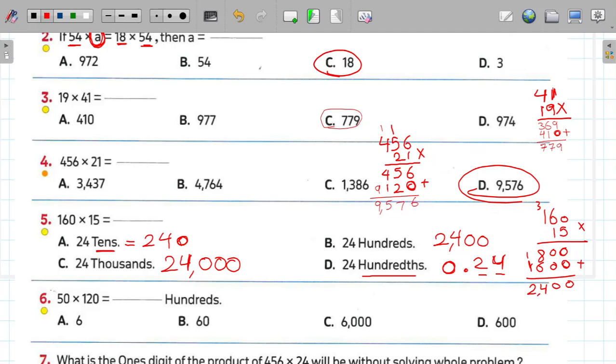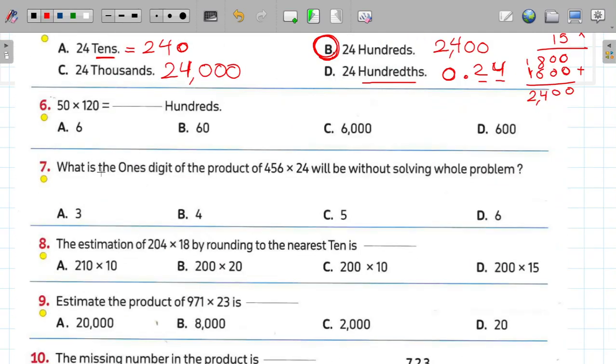So the result will be 2,400. So I think it will be the choice B because it's 2400. Number 6, I have 550 times 120 equals what hundreds or how many hundreds?